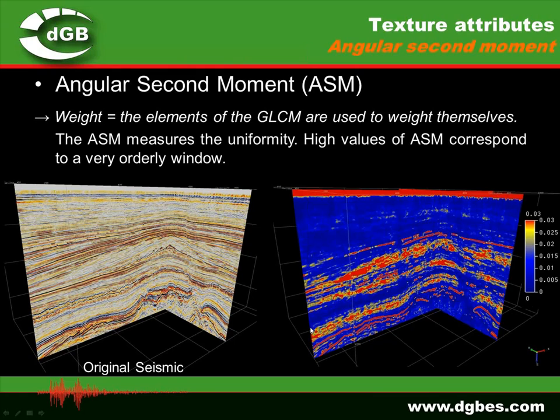You can see clearly some very sharp, high angular second moment values, areas sharply defined. And the area with a low dissimilarity appears as a low uniformity.